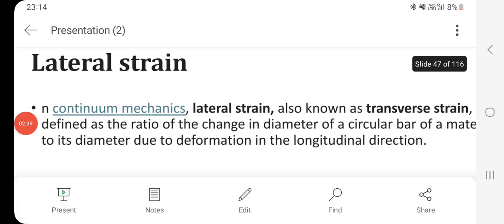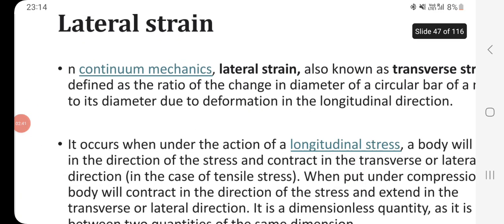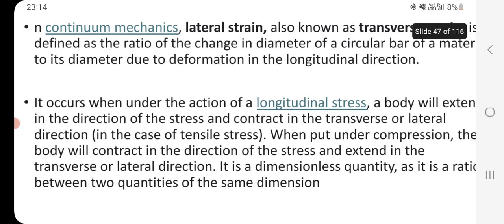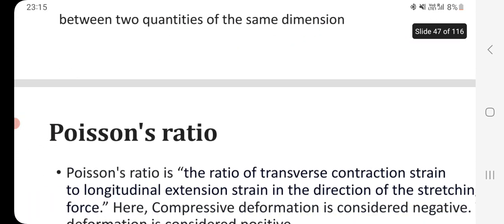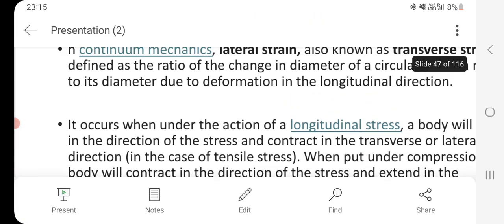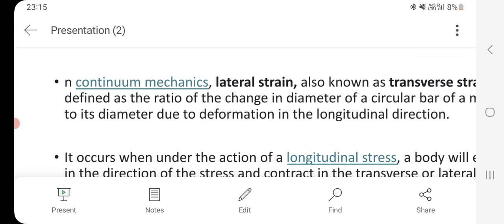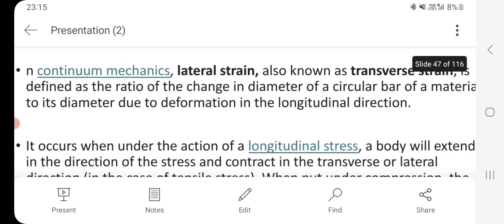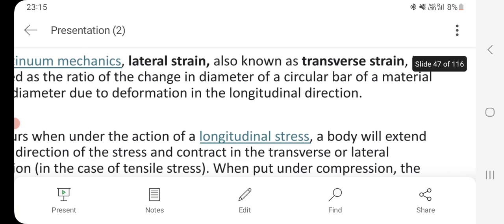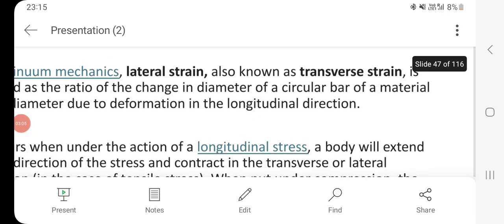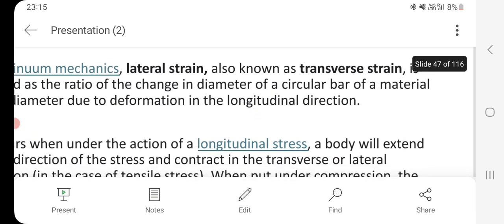Now lateral strain. In mechanics, lateral strain is also known as the transverse strain.